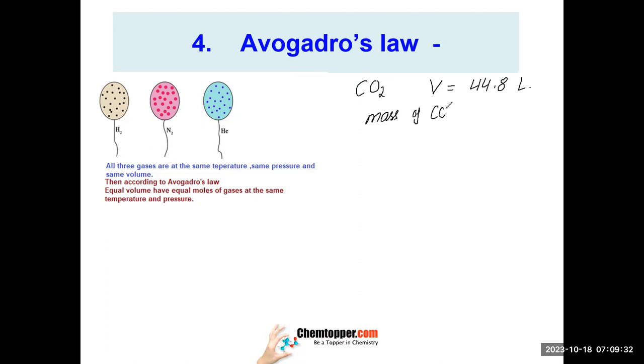Mass of CO2. You know that to know the mass of CO2, you should know the moles of CO2. So the aim is to know the moles, and this is at STP. Once I've given you the condition STP, I don't think it's a difficult task to calculate the moles. You can use this ratio.